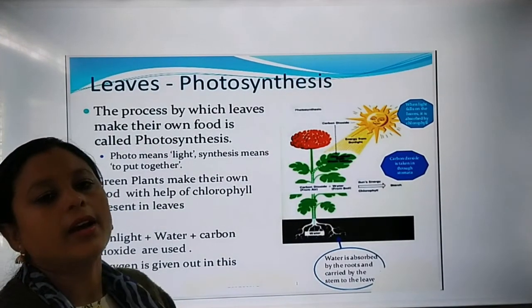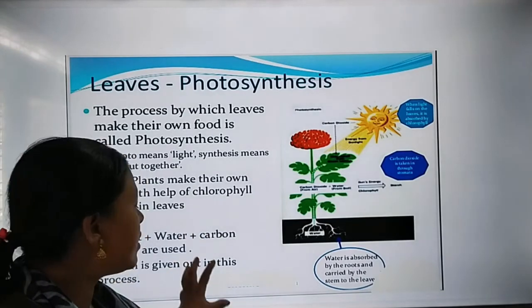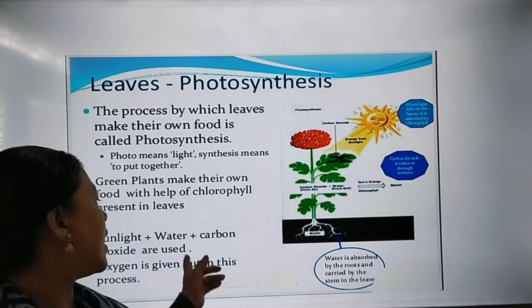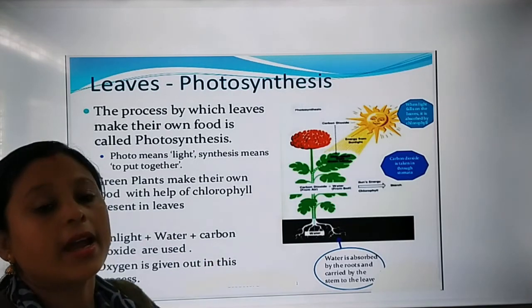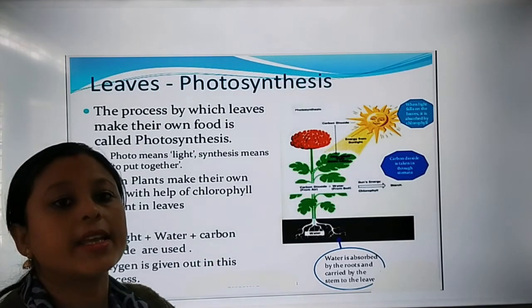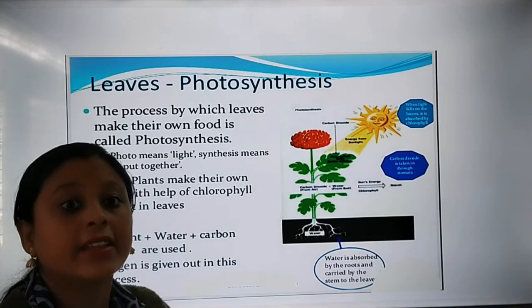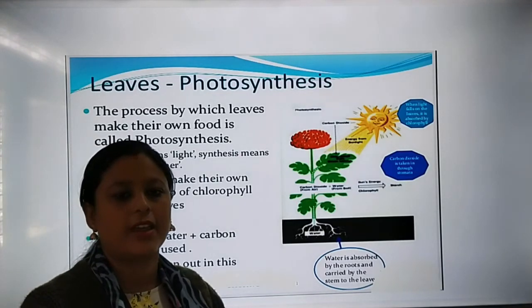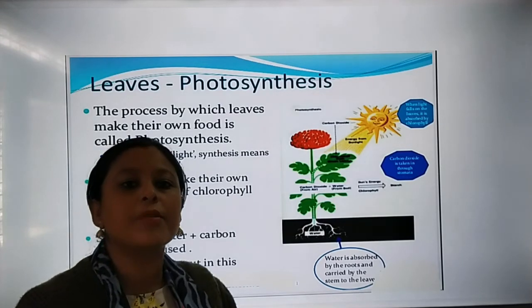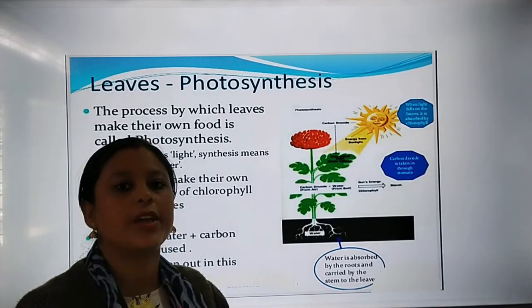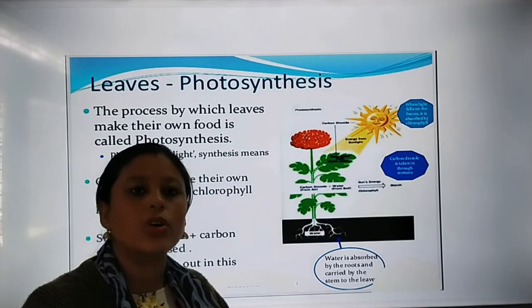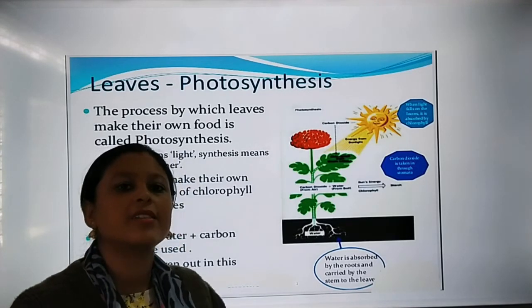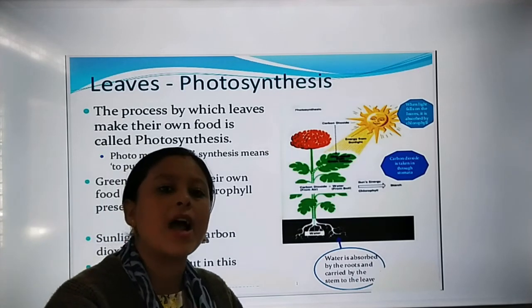So children, when leaves make their food with the help of sunlight, water and carbon dioxide, at that time oxygen is given out. That oxygen is needed by human beings, because we breathe oxygen through our nose. We get that oxygen from plants.